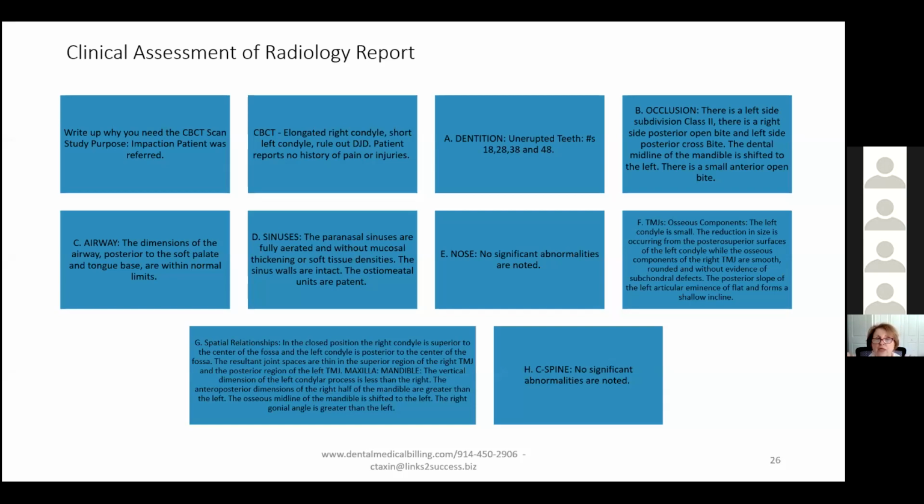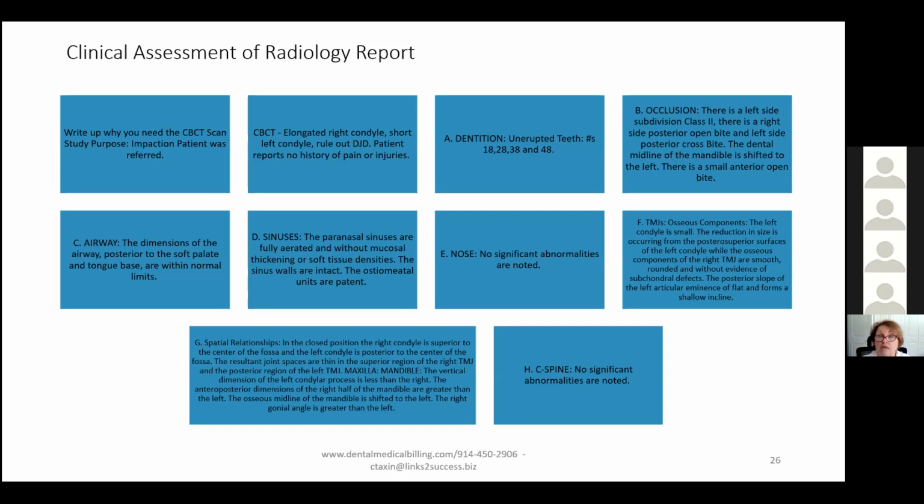Patient reports no history of pain or injury. So the dentist documented what he did and why he's referring the patient for the CBCT scan, whether it's in his office or whether it's being sent out. Doesn't matter. Dentition, unerupted teeth is what the radiologist now read from the CBCT scan.